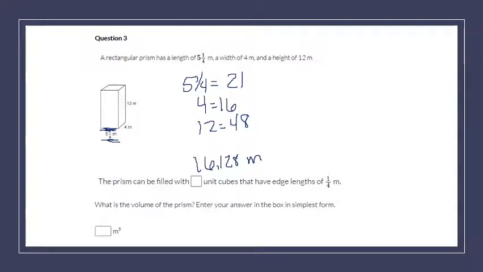But now I have to figure out what's the volume of that. So I have to figure out the volume of the block first, which is 1/4 times 1/4 times 1/4. And that gives me 0.015625. So I'm going to take my big old number and divide it by the volume of each block so that I can count how much I actually have for volume in this.